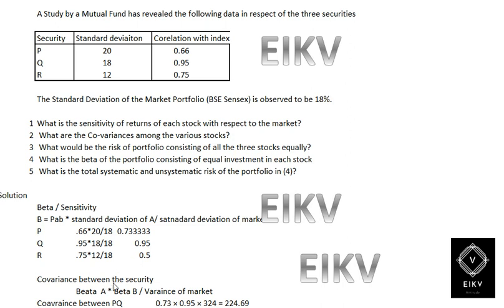Now covariance between the securities. The covariance between the securities would be beta of A multiplied by beta of B multiplied by the variance of the market. Therefore the covariance between P and Q would be 0.73 into 0.95 into 324, so it would be 224.59.